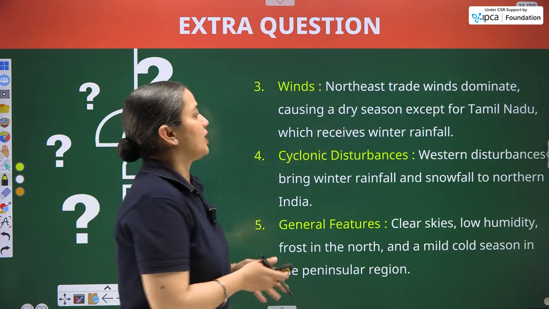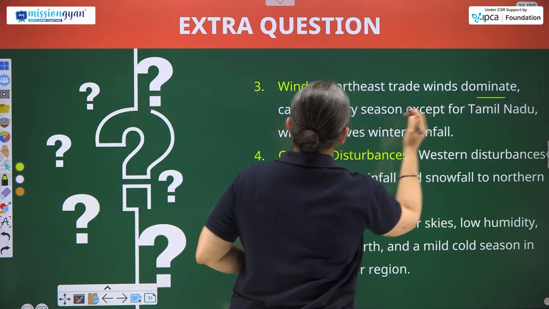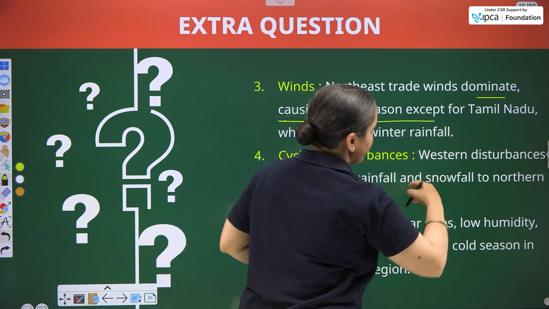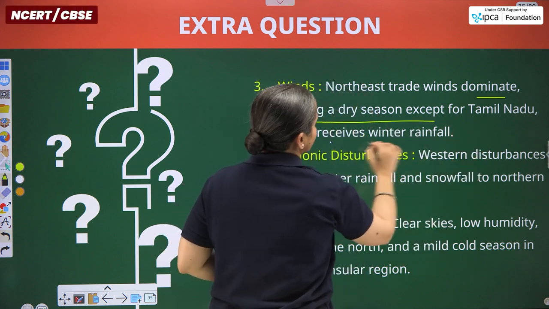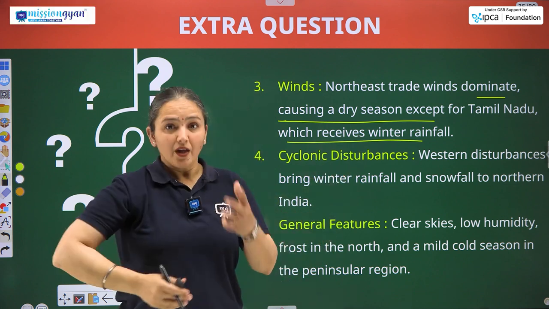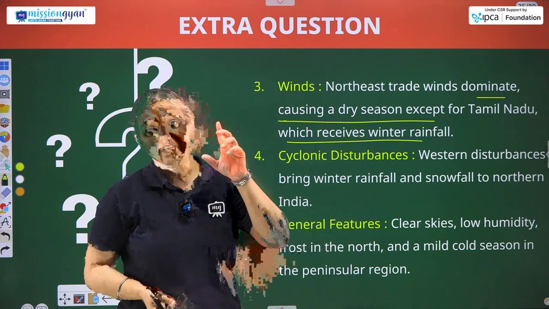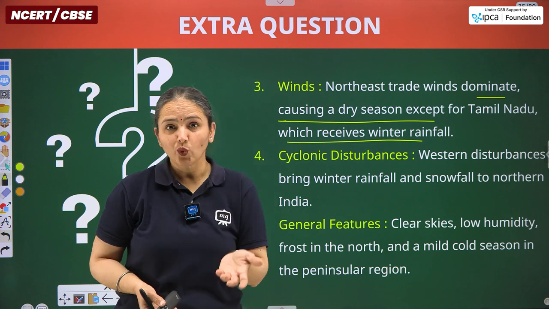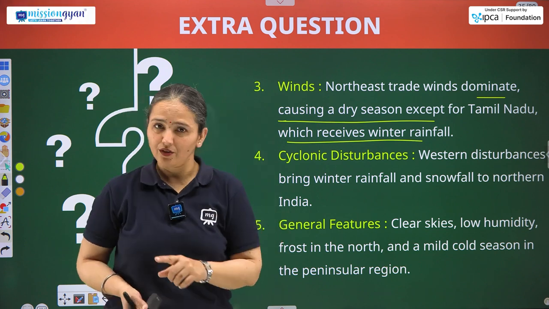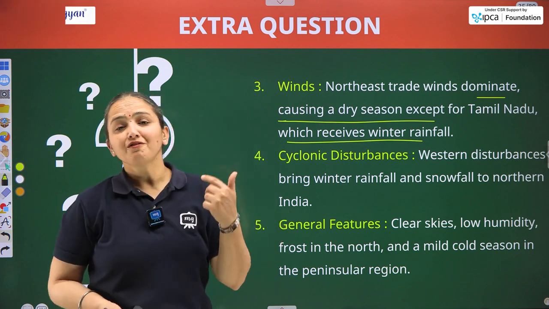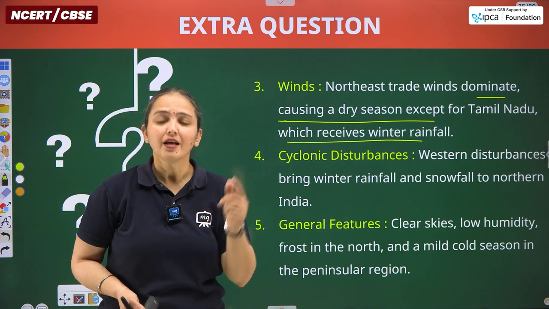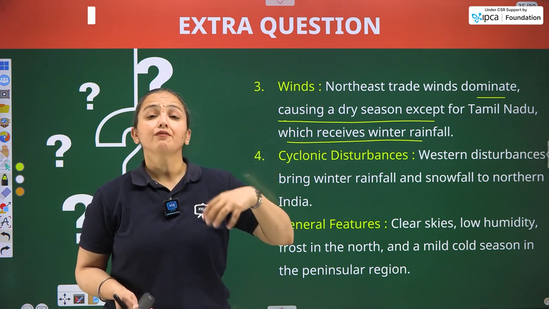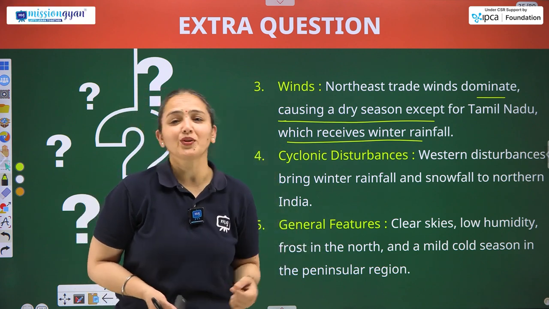Winds: northeast trade winds dominate, causing a dry season except for Tamil Nadu, which receives winter rainfall. Another prominent feature of winters is that they give a specific winter rainfall within Tamil Nadu.